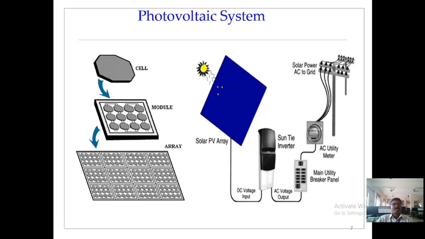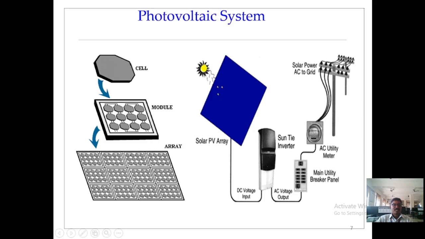In the photovoltaic system, the single PV cell voltage is around 0.5 volt. A combination of PV cells connected in series or parallel is called a module. Modules combined make a PV array.